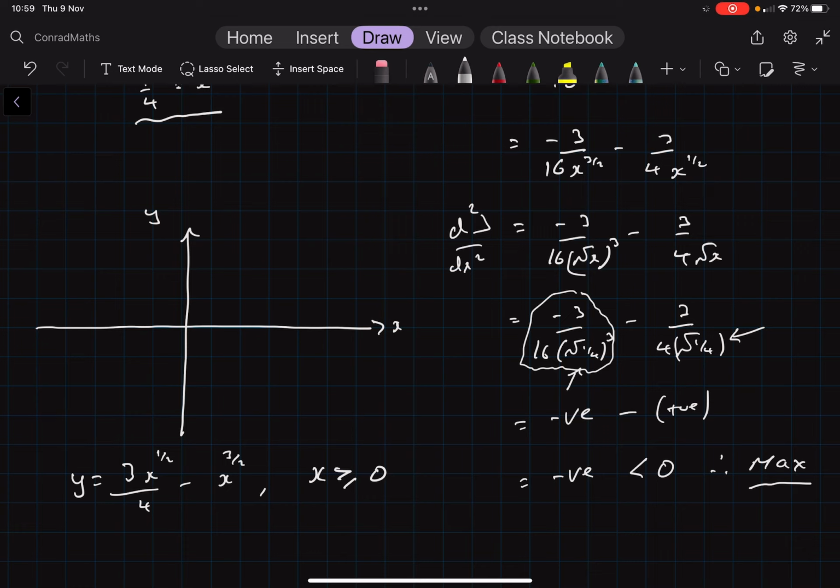And notice when you put x as 0 in there, you get 0. We've got a turning point at a quarter, so it seems to do that. And we can see that as x gets bigger, the values of y become negative because that is greater than that.